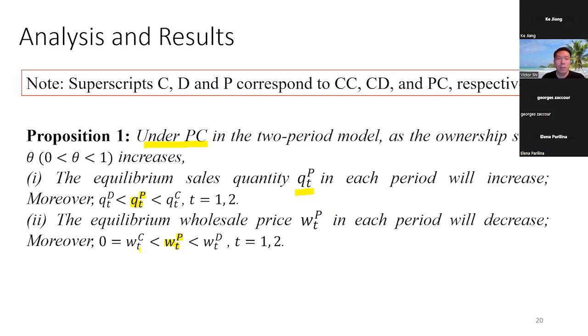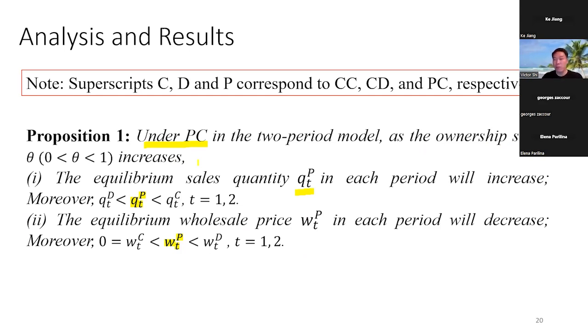The second thing says the equilibrium wholesale price will also decrease. If you look at the details here, on the partial centralization, the wholesale price is between the two extremes, complete centralization and complete decentralization. So this result is actually not that important, so I don't want you to feel confused. Basically, as ownership share increases, the supply chain is more and more like complete centralization.